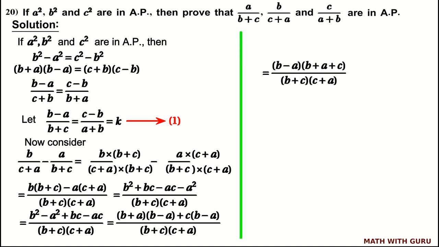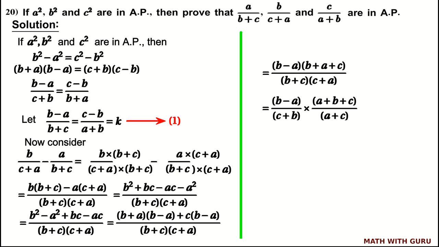Now, b minus a is common. Bring it outside. b minus a into b plus a plus c divided by b plus c into c plus a. We can rewrite this as b minus a over c plus b into a plus b plus c divided by a plus c.